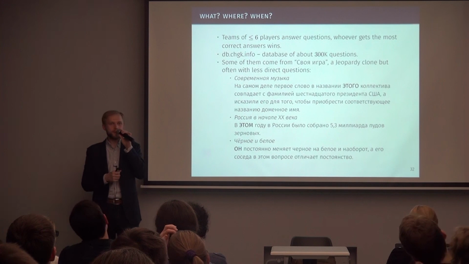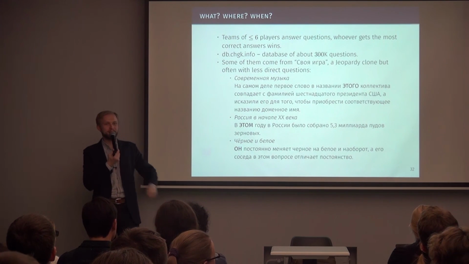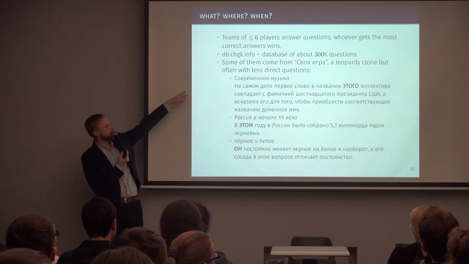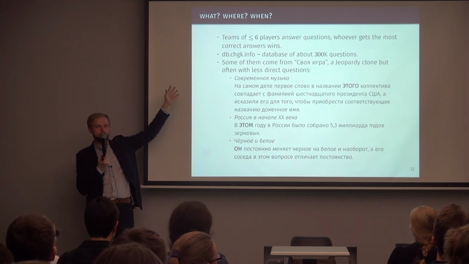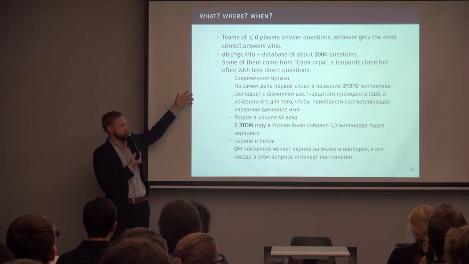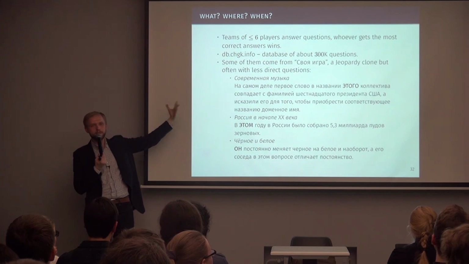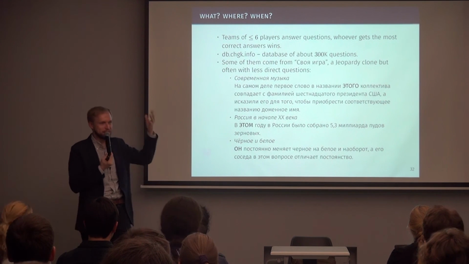But of course, for now, these questions are hopelessly hard for computers. So let me try those on you. These are what is called своя игра, which is basically Jeopardy, but compared to Jeopardy, it has less direct questions. It's not just trivia.